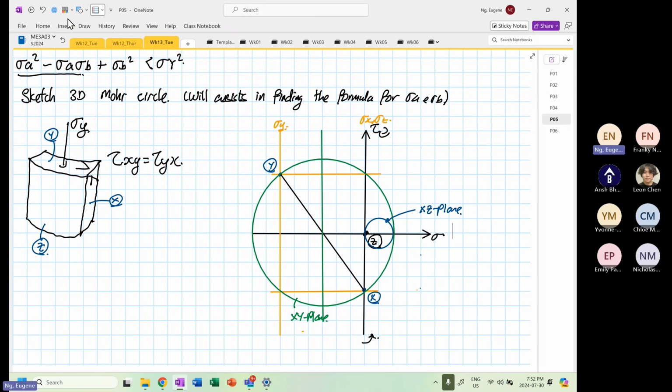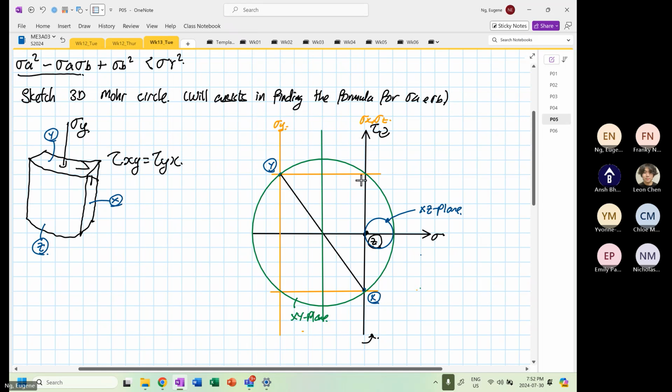And now the final circle. This circle over here is for our YZ plane.